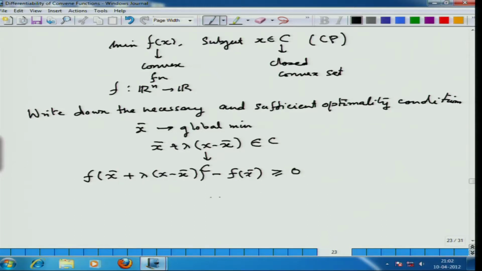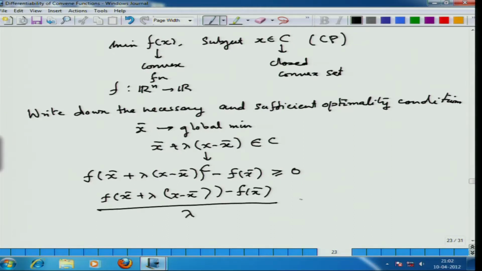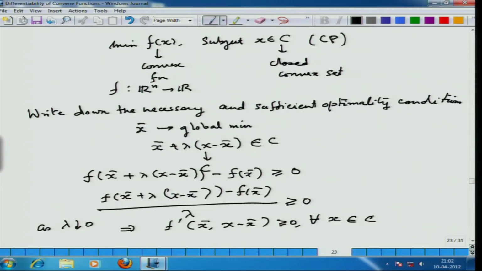Now, I can divide by lambda. If I take the limit as lambda tends to 0, this would imply f dash x bar at x minus x bar is greater than or equal to 0 for all x. Basically, this is true for any arbitrary x.